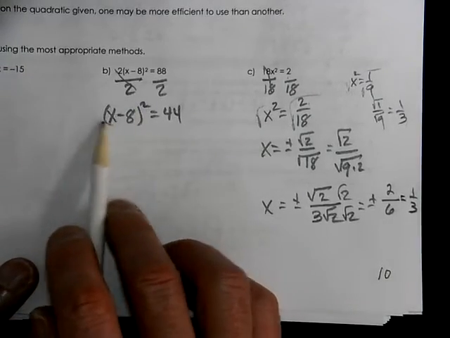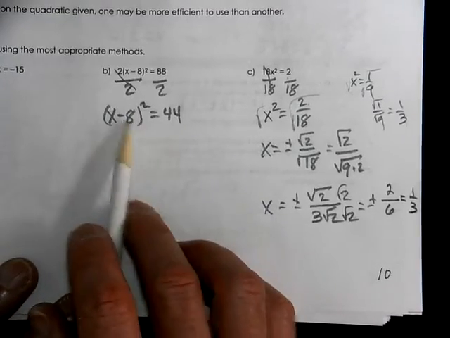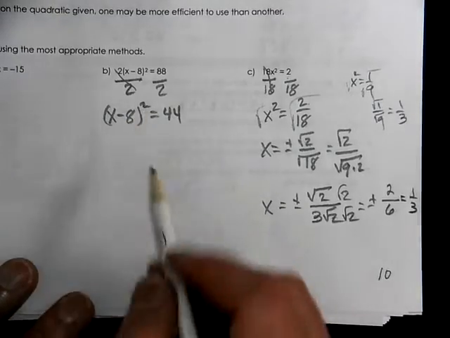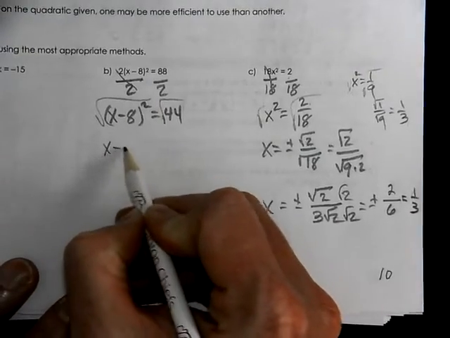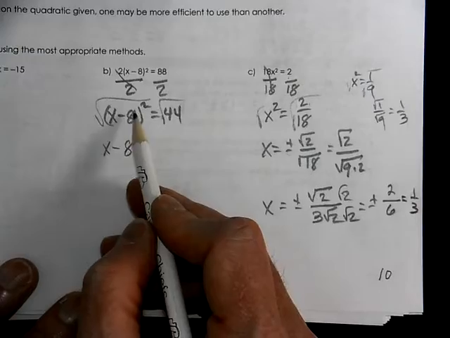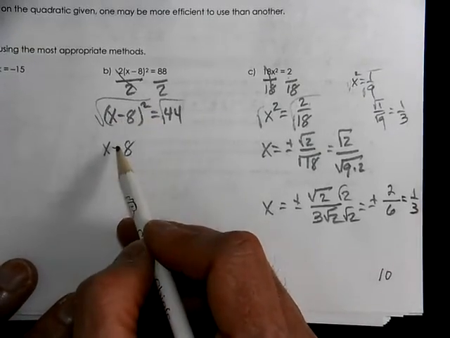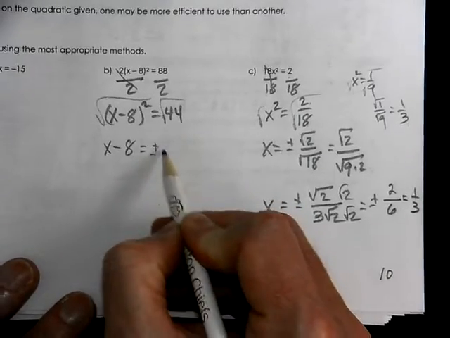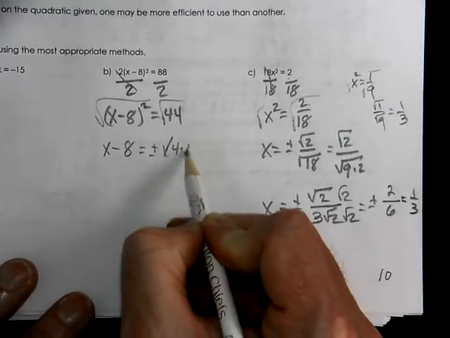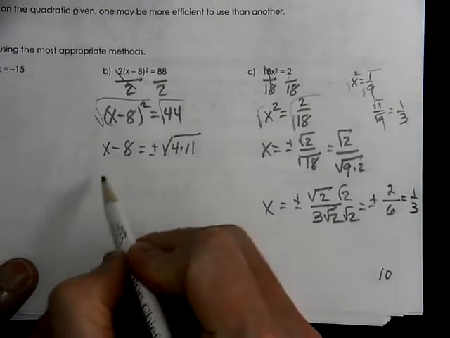Now I have something being squared. There's nothing else I can move over. You cannot move the 8 over. So the best I can do is take the square root of both sides. So that's x minus 8, because taking the square root of something squared, you're going to get the value inside. And this becomes plus or minus 4 times 11, because that's what 44 is, 4 times 11.